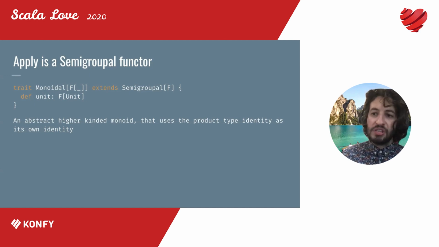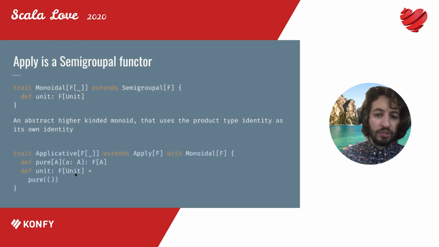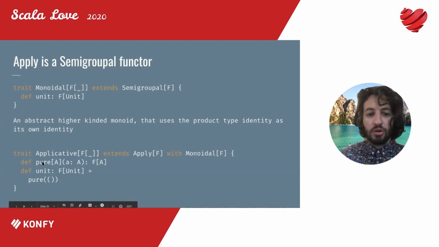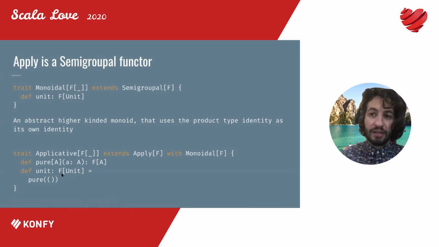So we use the identity of our product type monoid, the type-level tuple monoid, so to say, and added the unit identity, and that gave us a monoidal functor, which is called Applicative. And Applicative is defined in terms of pure, but pure and this unit function are identical, or they can be defined in terms of each other if you have map again, which we do because it's a Functor.